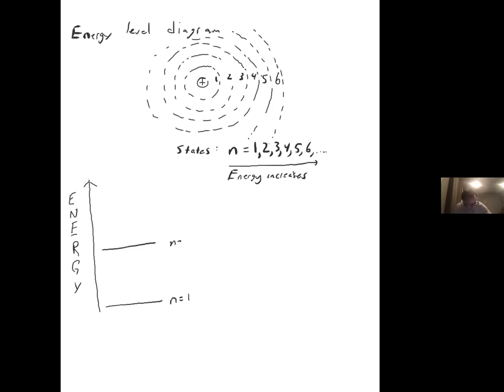Here's the energy level for n equals 3, for 4. And again, I'm just going to stop at 6. You could go further than 6, but I'm going to stop at 6. Oops, that's 5. And then here's 6. So that's called an energy level diagram, this one right down here.